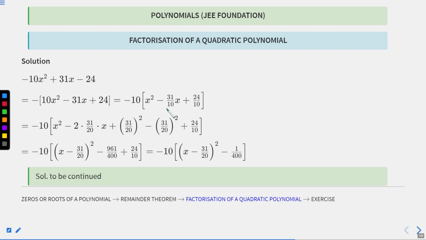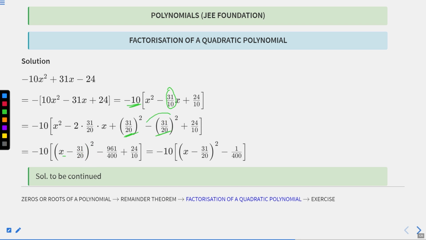So this is quite clear. First we take minus 10 common, then add half of this coefficient square and subtract half of this coefficient square there, and just do x minus half of the coefficient whole square.